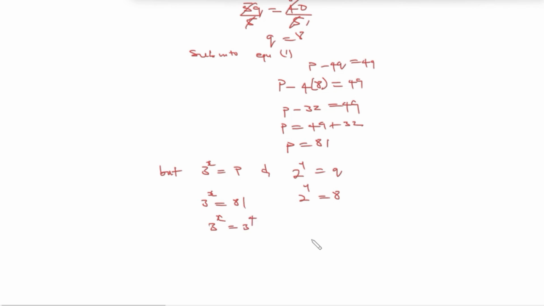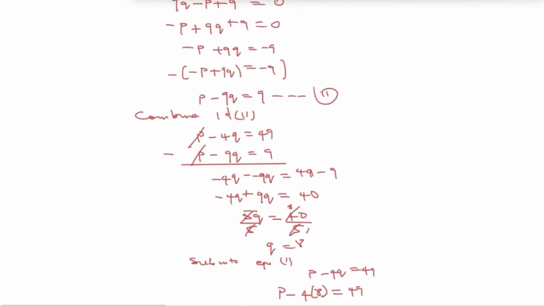And 8 can be written as 2 raised to the power 3. They have the same base, so x is equal to 4 and y is equal to 3. So these are the answers for this question. This is how we go about solving this question.